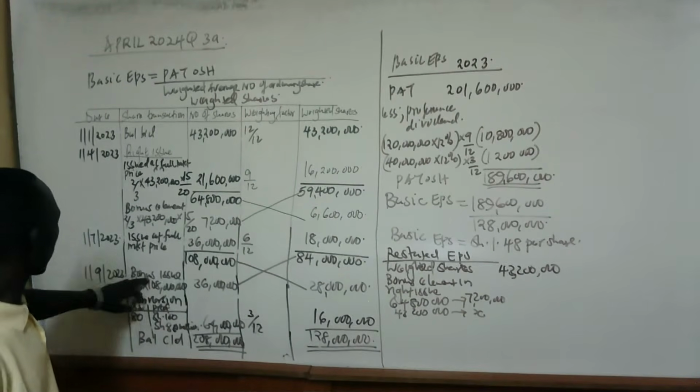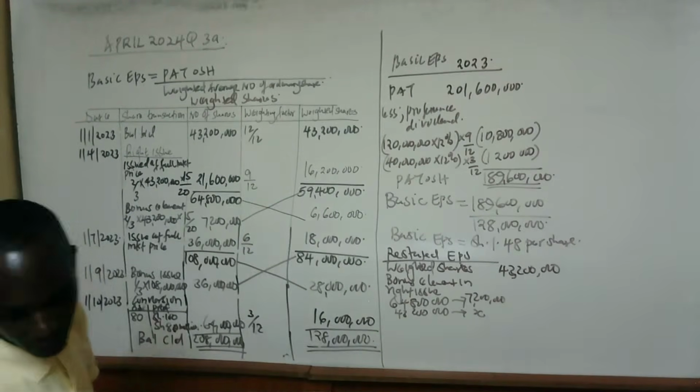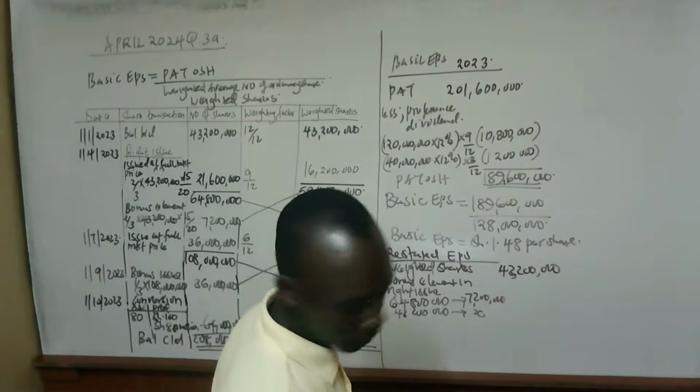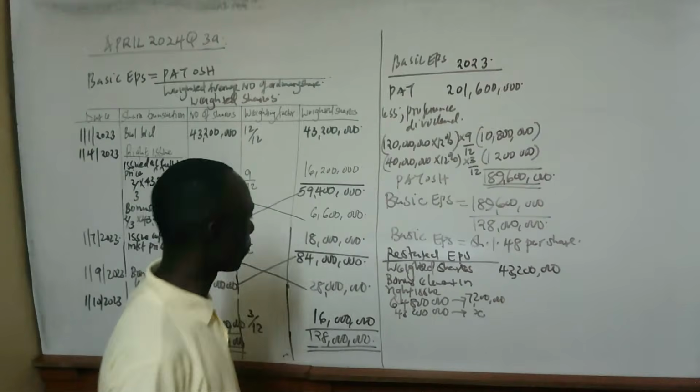If you are talking about the bonus issue, then that is correct. It is 1 for every 3. So I hope your question has been answered.